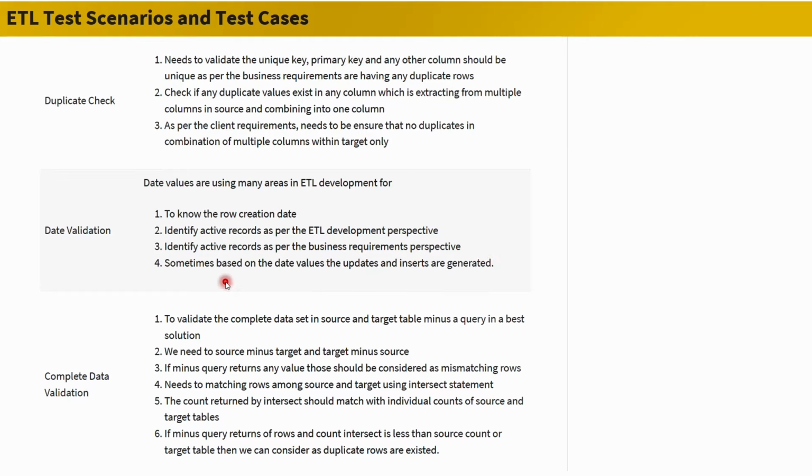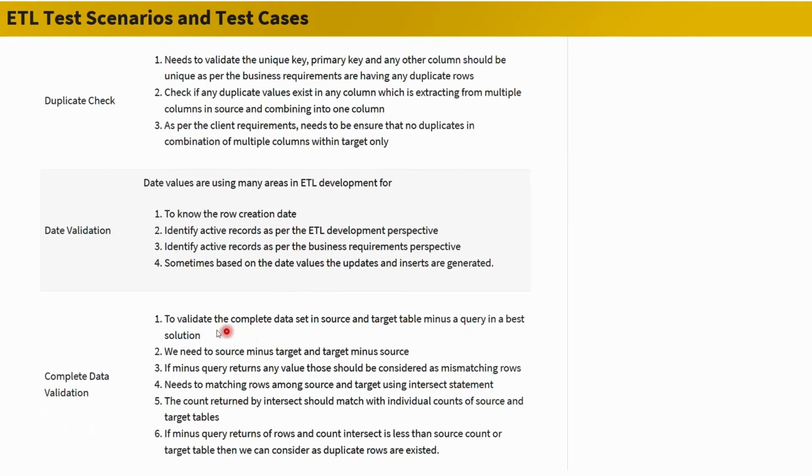And sometimes we also need to write test cases based on the date value, where the updates and inserts are generated. Then we need to write another test scenario, the complete data validation.